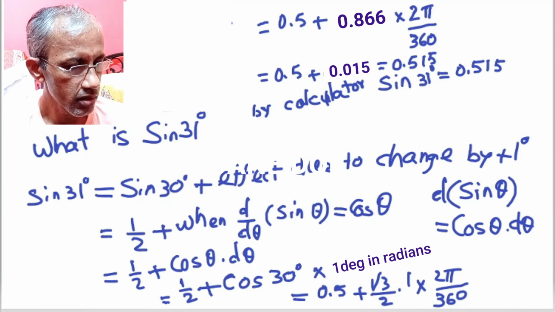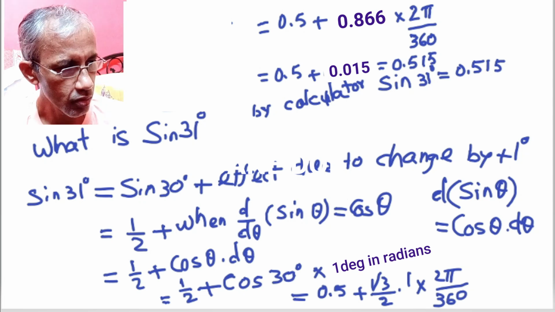So in this way, we can find out the value of the functions of the odd angles. And this is all for today. We'll be trying out the value of the trigonometric function when the angle changes, let's say for the cos function or for the tan function, when the angle changes by a small amount.